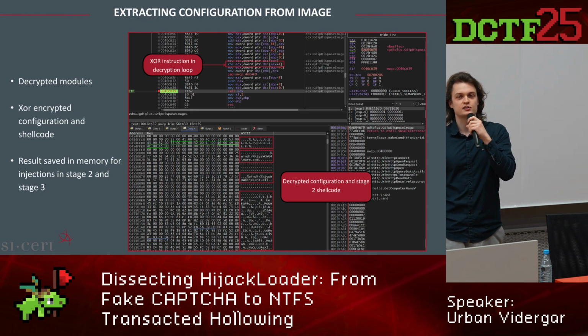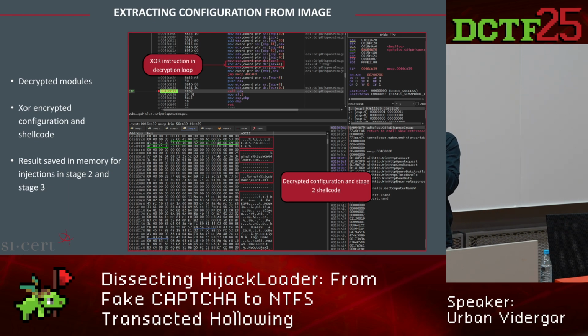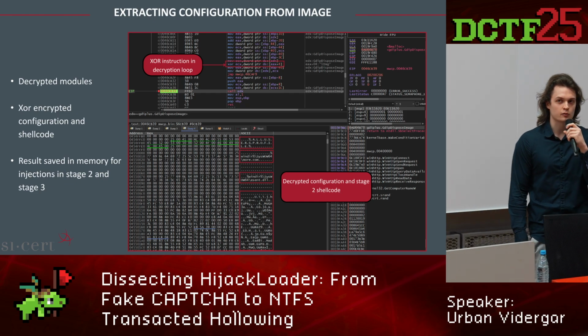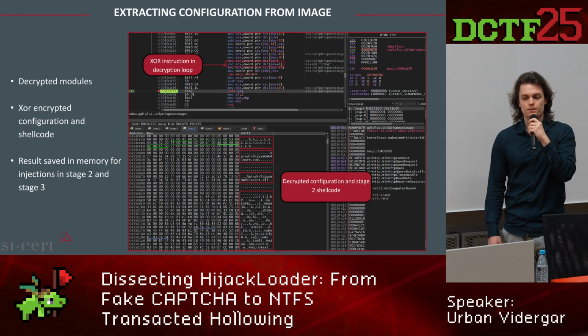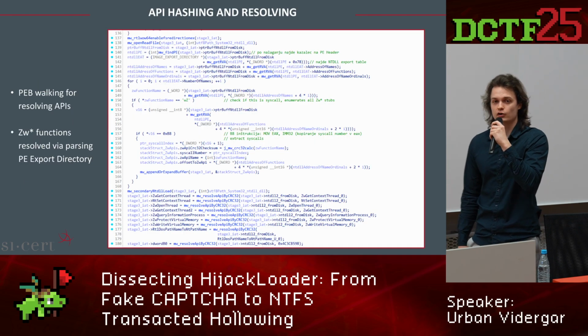antivirus, EDR, XDR solutions like to hook it. That means if you inspect the actual disassembly code of the ntdll library, you will see certain jumps or certain different instructions that allow antivirus solutions to inspect the arguments to essentially determine whether the application in question is malicious or not.